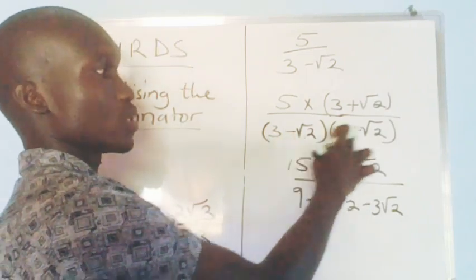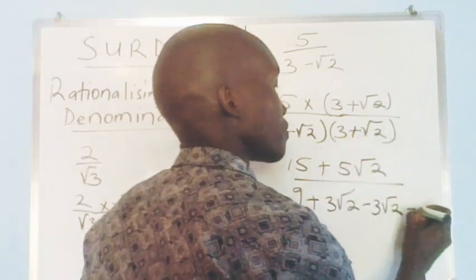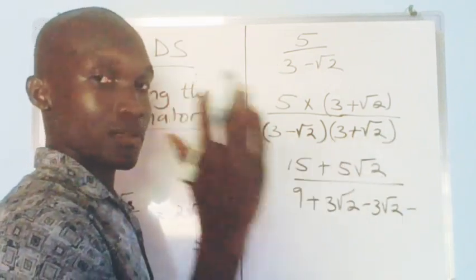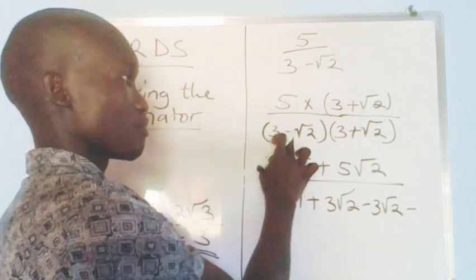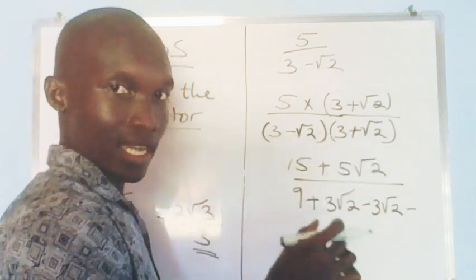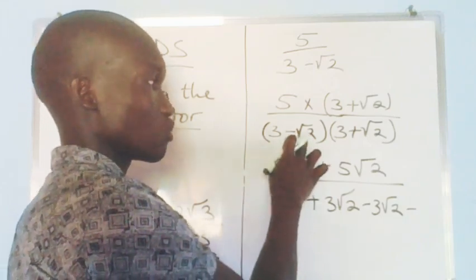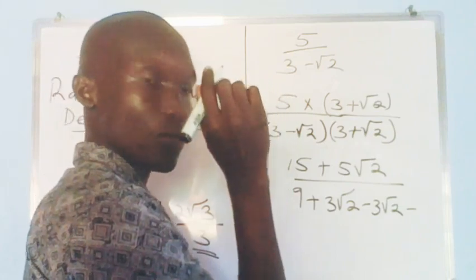Negative root 2 times positive root 2 will give us, the negative will always be a stronger sign. So if we are multiplying a negative times a positive, the resulting answer will always be negative. And multiply root 2 times root 2 will give us only 2.